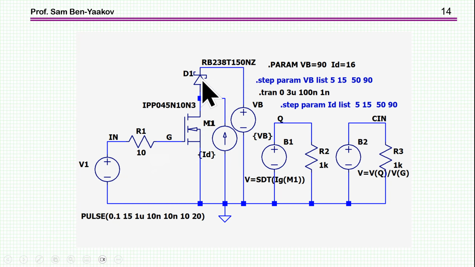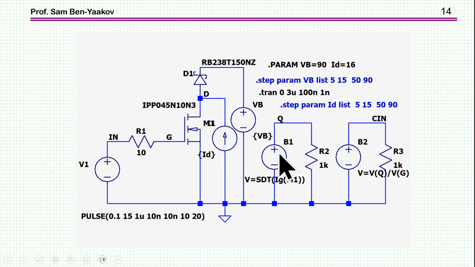This would be like the internal diode of the upper transistor, and I'm using a Schottky diode because I don't want to deal with high peaks of reverse current, which would mess up the waveform. And here is the current source, which is mimicking the inductor current. And this is the voltage of the bus, which I'm going to sweep if necessary to get various values for different operating points. Of course, I can also step the current to get any given operating current.